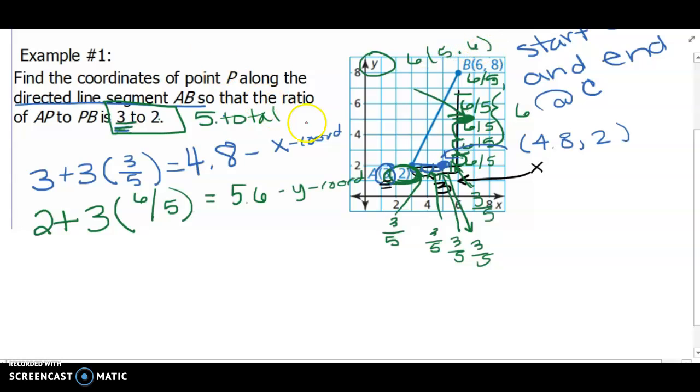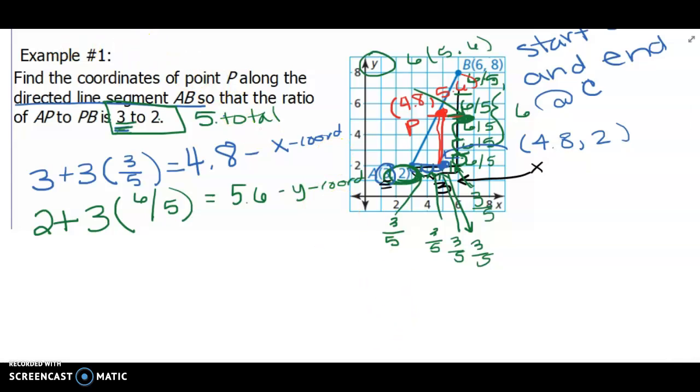5.6. Okay. Now, if I connect these up here, I'm going to cross this line here, and this is going to be my 4.8, 5.6, and that's going to be my P. Okay.